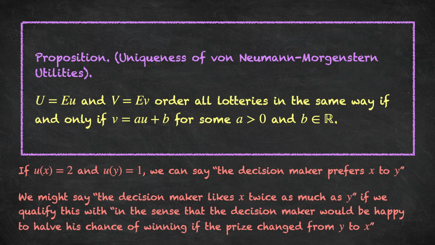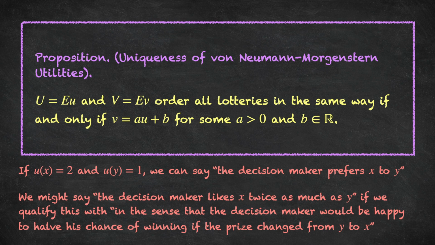What does this mean as we interpret the expected utility model? Well, if, for example, the von Neumann-Morgenstern utility of an outcome x was equal to 2, and the von Neumann-Morgenstern utility of an outcome y was equal to 1, of course we can say the decision maker prefers x to y.